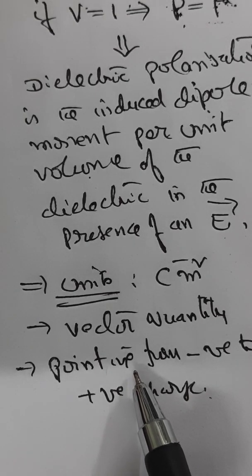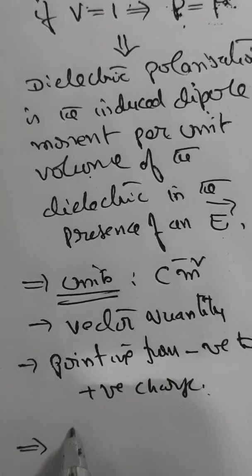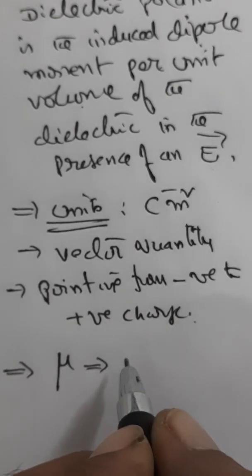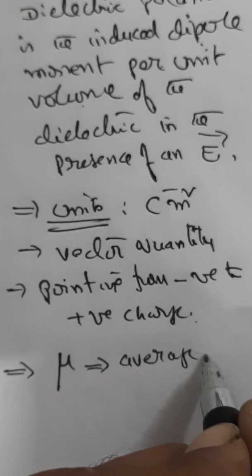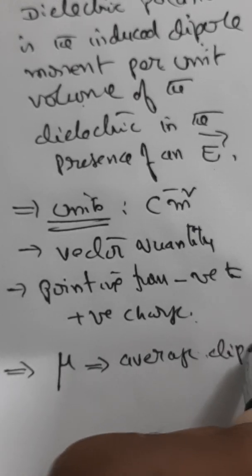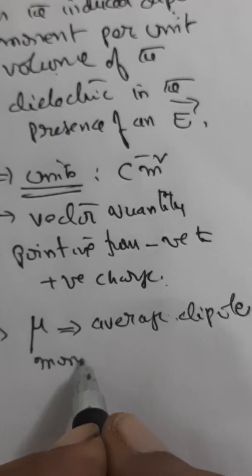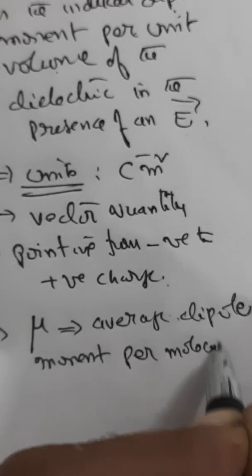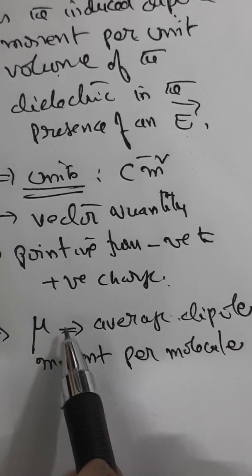Okay. Now, if this net dipole moment mu is taken as the average dipole moment per molecule, each molecule has a dipole moment, so you are taking an average dipole.